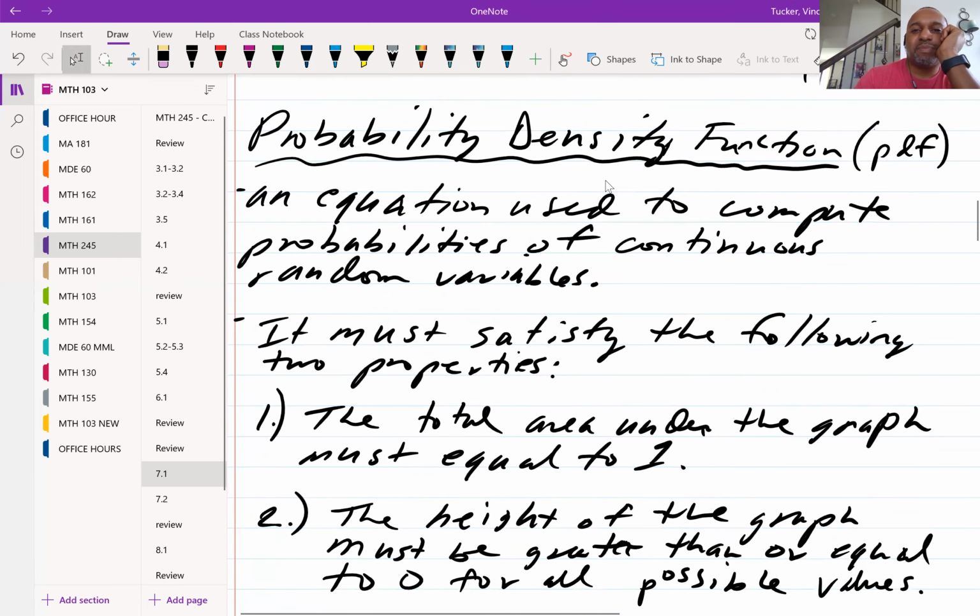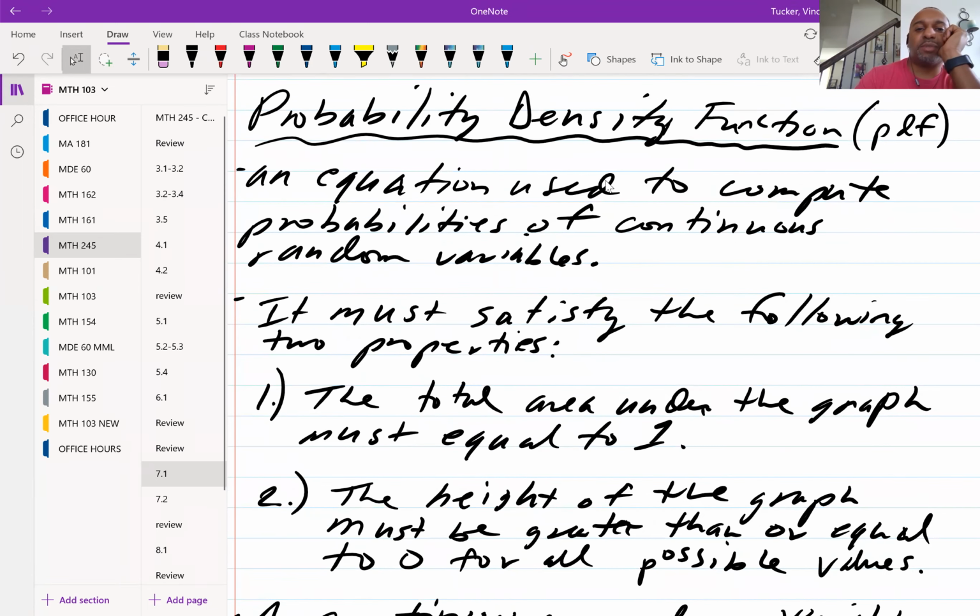So in order for it to fit, the probability distribution function must satisfy the following 2 properties. The total area under the graph must equal 1. Then the height of the graph must be greater than or equal to 0 for all possible values.